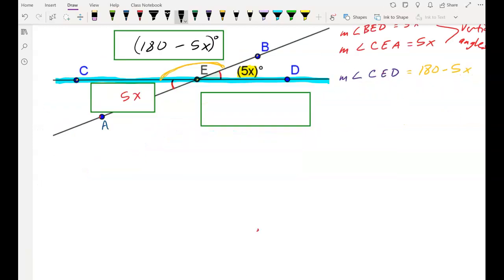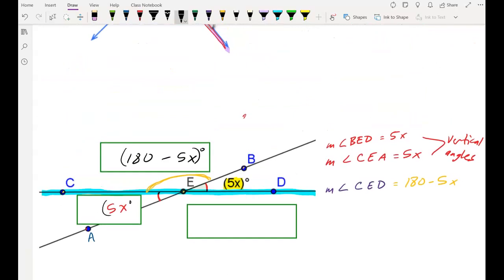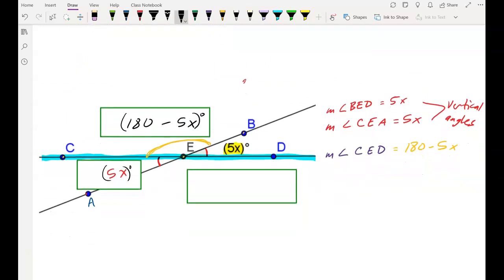And this one is 5x degrees. And this angle here, well, it's vertical angles with angle CEB. Good old angle DEA, it's going to be also 180 minus 5x.